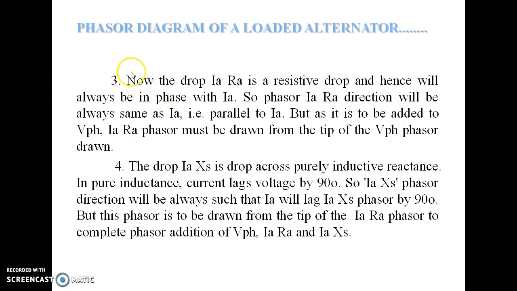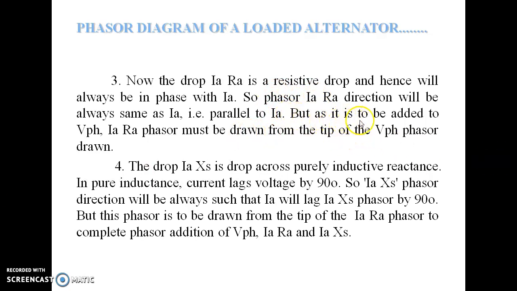Next, step number 3. The drop IARA is a resistive drop and hence will always be in phase with IA. So, the phasor IARA direction will always be the same as IA, that is parallel to IA. IARA drop will always be parallel to armature current IA.